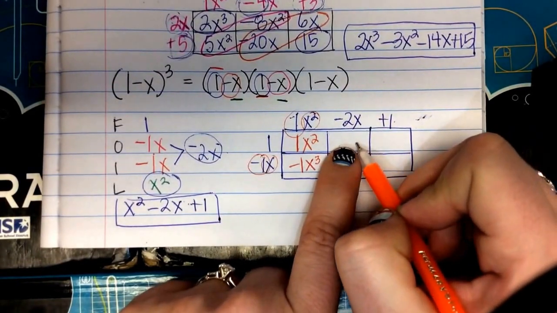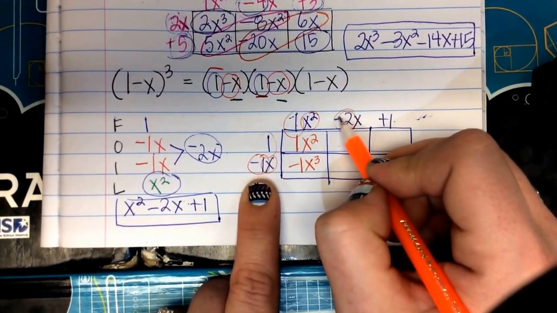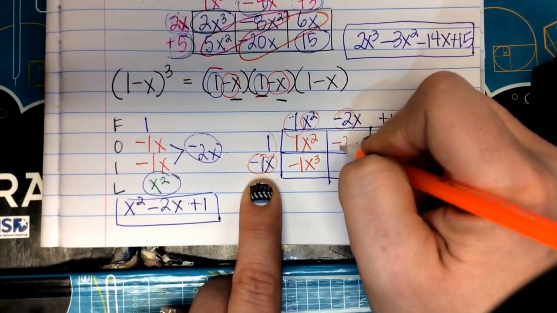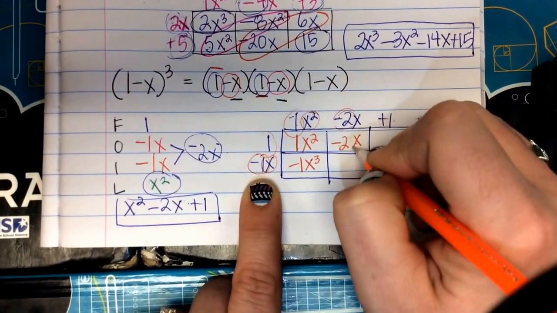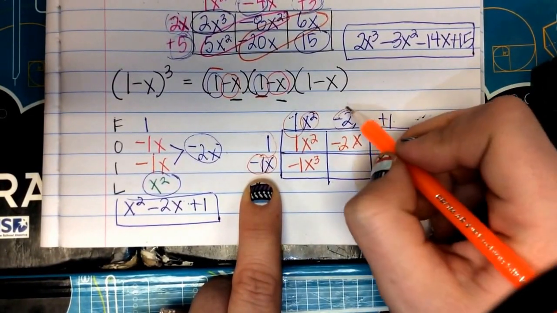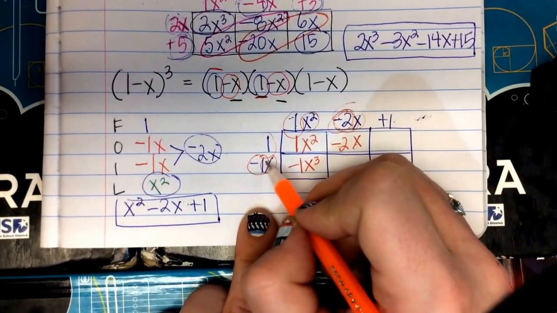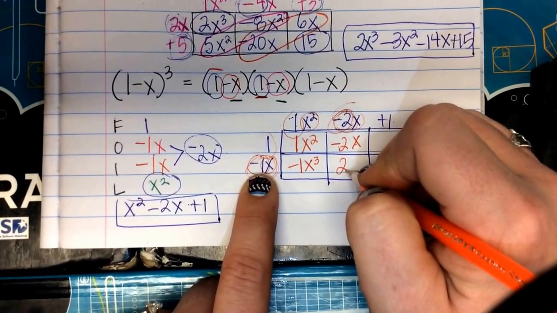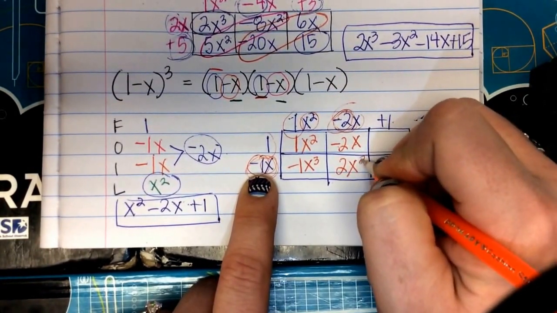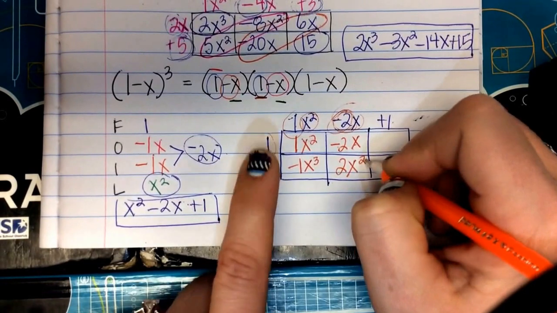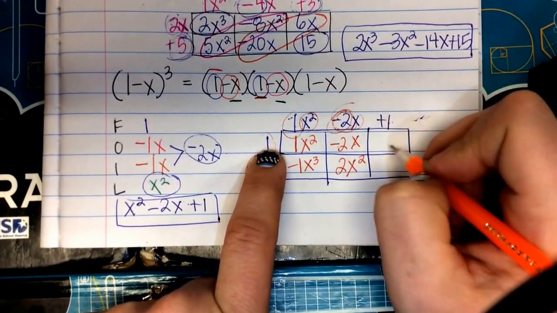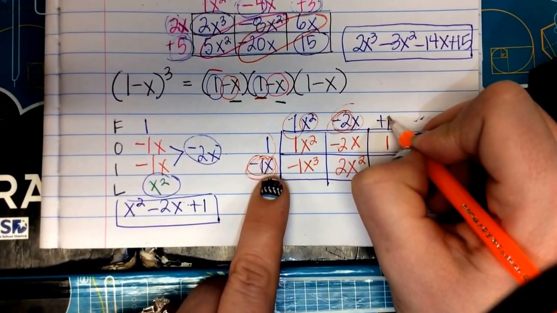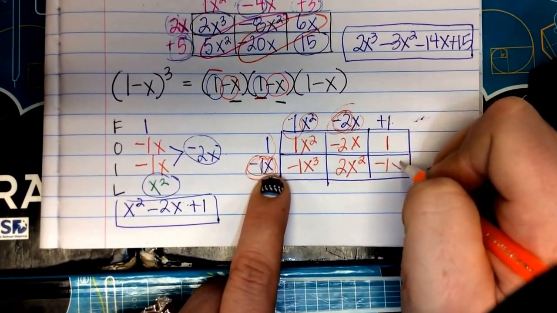Let's go to this box. 1 times negative 2, negative 2x. Negative 2x times negative 1x, positive 2x squared. 1 times 1 is 1. 1 times negative 1x, negative 1x.